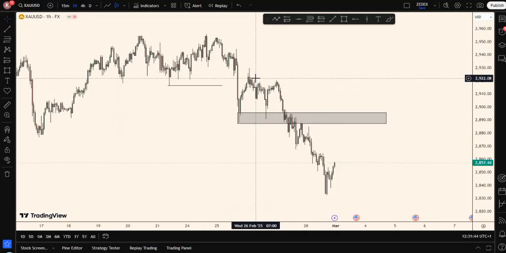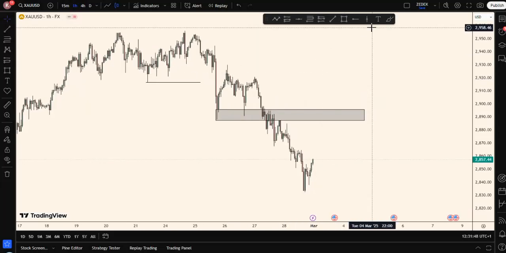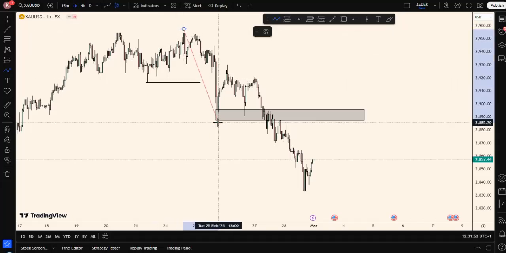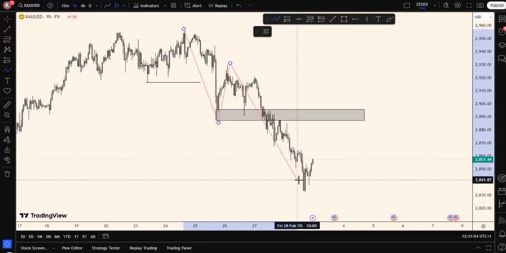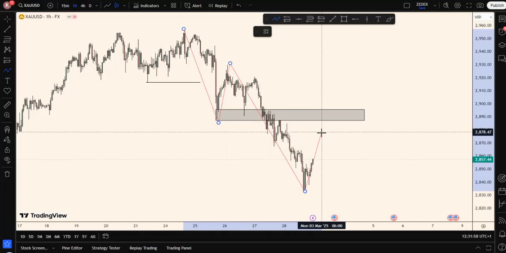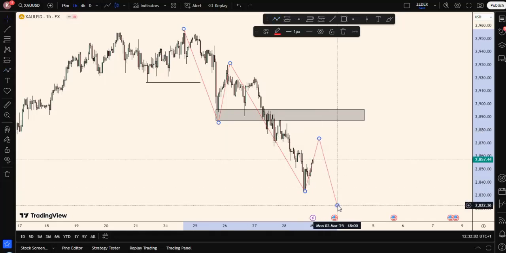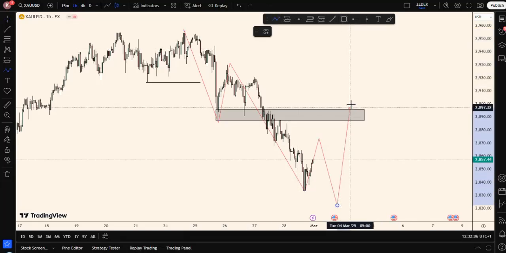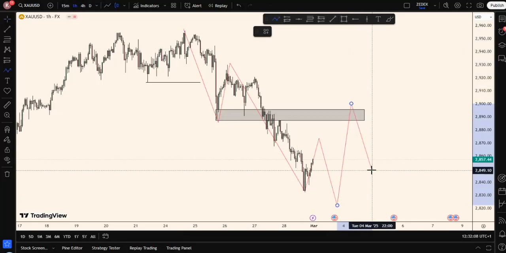So focusing on this structure for the week, I can actually see this structure is a very nice one to follow. So if price wants to come back maybe to this point, then sell is still okay. If it wants to break, let's say switch back bullish, I'll be fine with that.